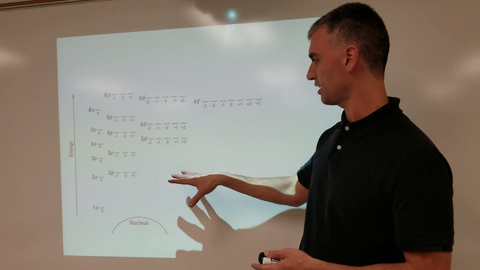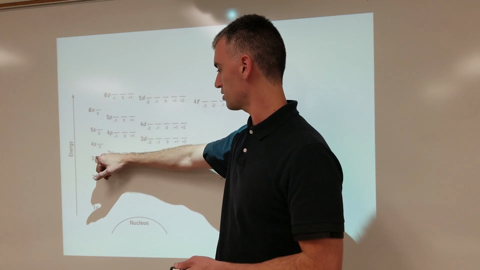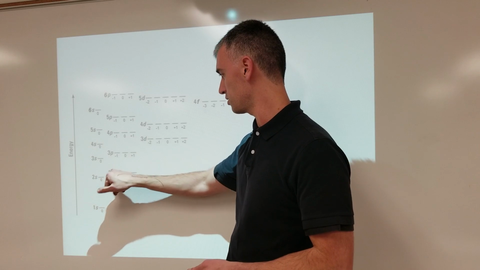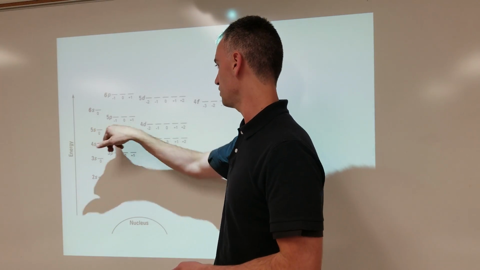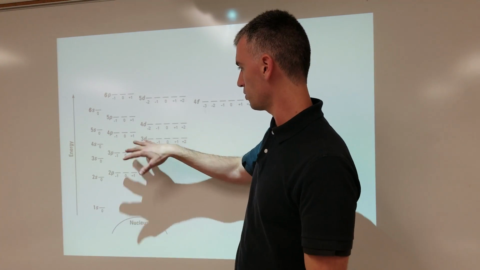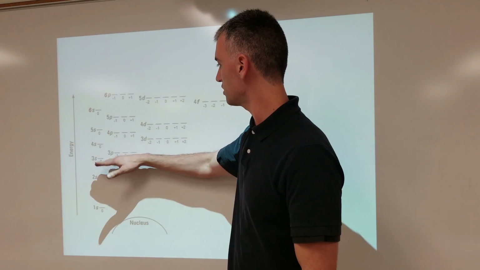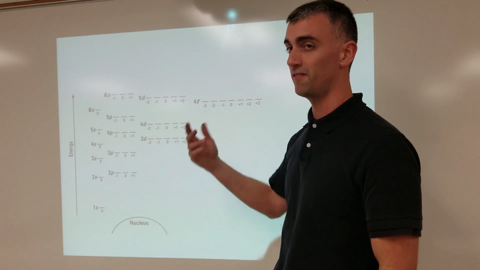So this is filled first, then this one, and then this one. That's why you have 1s2, 2s2, 2p6, 3s2, 3p6, 4s2, 3d10, 4p6, 5s2, 4d10, 5p6, etc. We do it in that order because it goes from the lowest to higher and higher energy. That's the order in which they get filled.